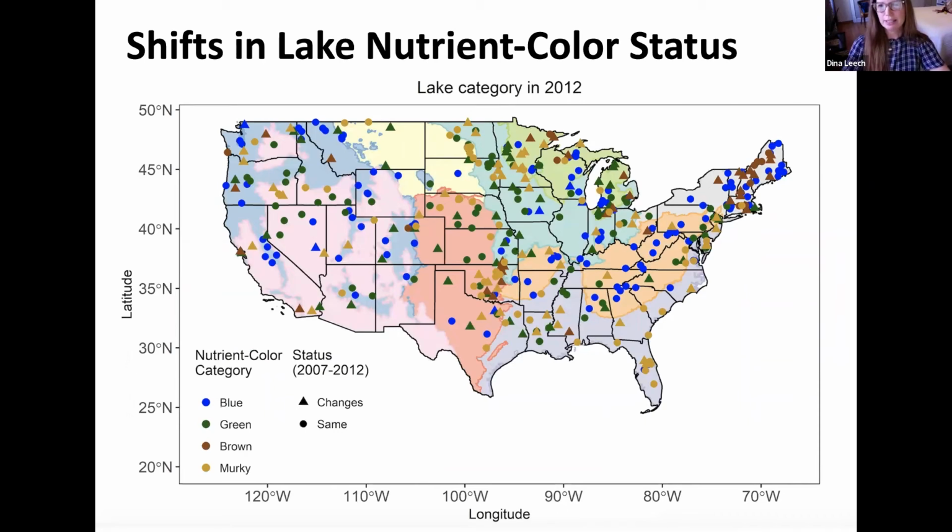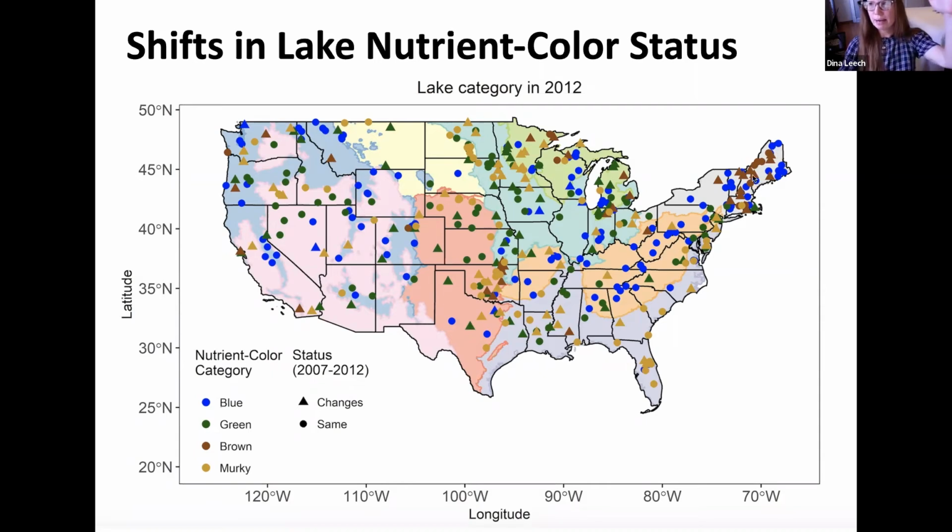So here again, we see our map of the US with the different ecoregions, and each one of these dots represents a lake's color. There's a lot going on here, but I just want to point out that a lot of the blue lakes are along our mountain ranges.